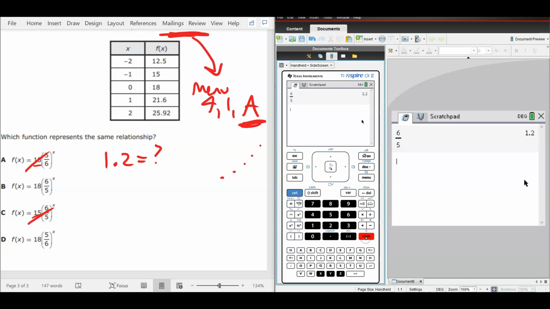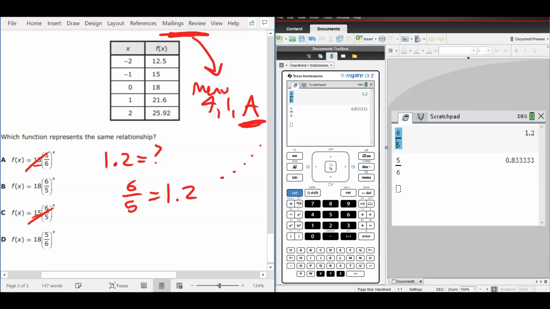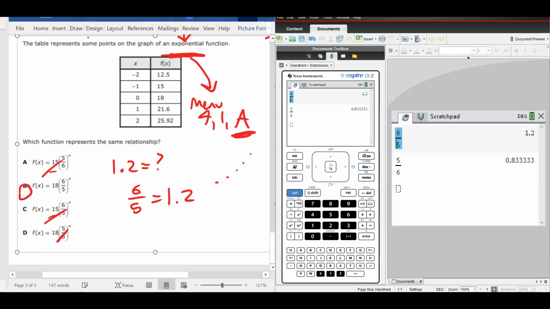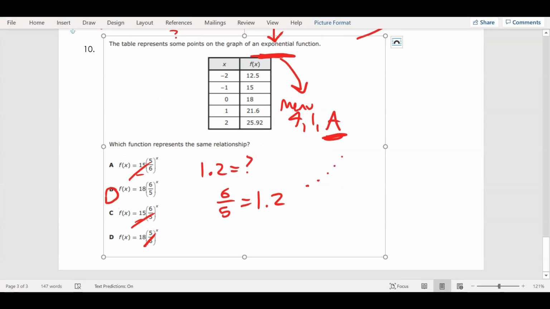Control Enter equal to? What is 5 divided by 6? Control Enter equal to? Which one of these is 1.2? 6 over 5. So looks like letter D is not right. B is my answer there.